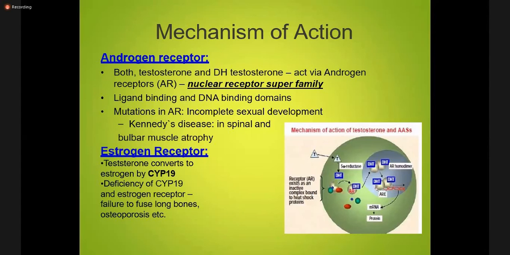Also, there is the estrogen receptor. Testosterone, I told you, is also converted to estrogen with the help of the enzyme aromatase, and the cytochrome responsible for this conversion is cytochrome P19. So if this cytochrome P19 is deficient because of any genetic disorder, the estrogen will be reduced and there will be failure to fuse the long bones.